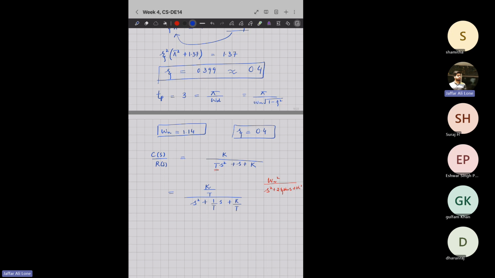Anybody has any doubt in this? Then you know my omega n square will be equal to K by T. And what will be my omega n? Under root of K by T, right?